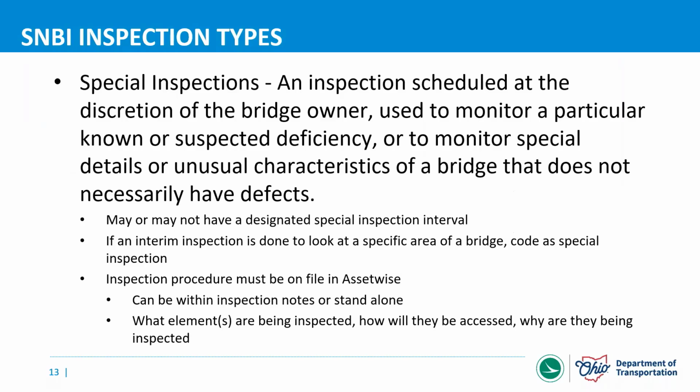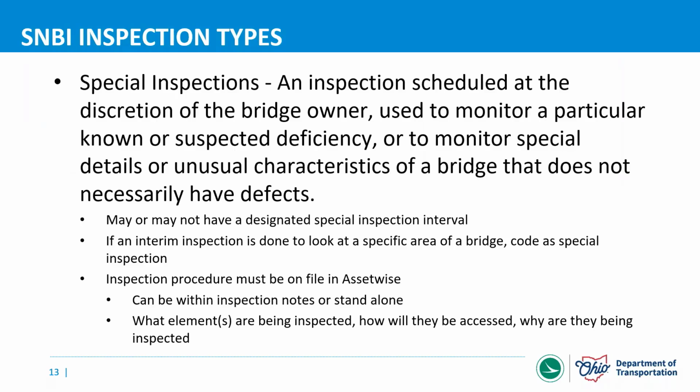So special inspections: this is an inspection scheduled at the discretion of the bridge owner used to monitor a particularly known or suspected deficiency, or to monitor special details or unusual characteristics that do not necessarily have defects. So again, to summarize special inspections, you're looking at a specific part of the bridge for a certain reason.